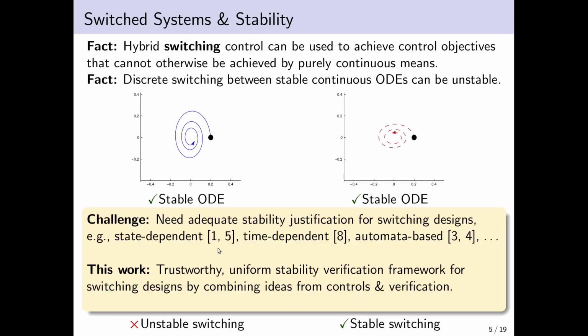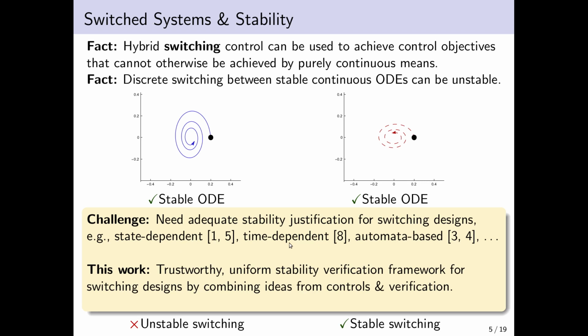Okay. So the challenge is we want to provide adequate stability justification when we propose a new switching design. And actually in the controls literature, there are many different stability justifications for different sorts of designs. So either state-dependent switching, time-dependent switching, or even automata-based switching.